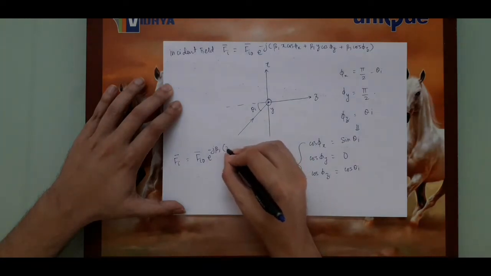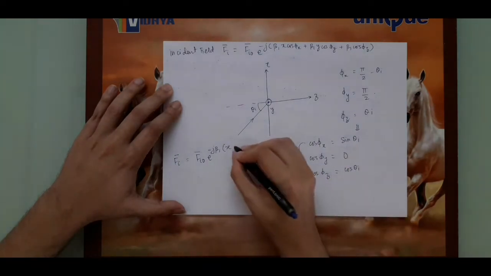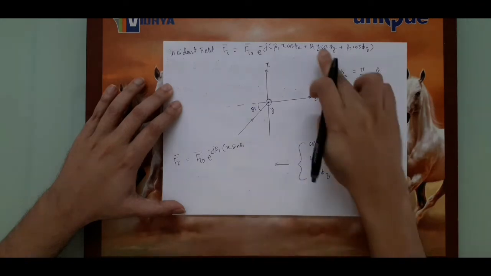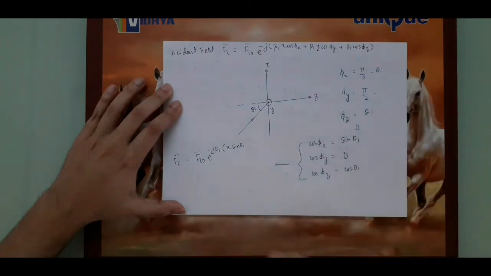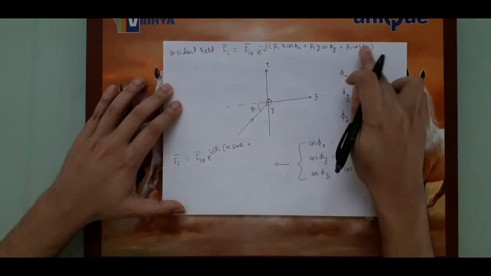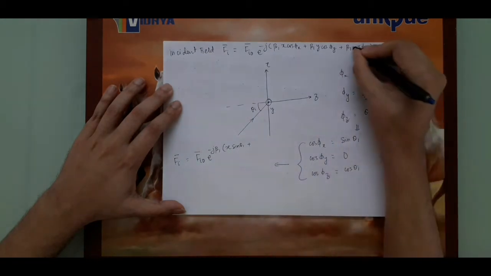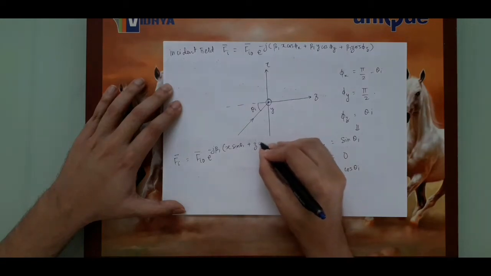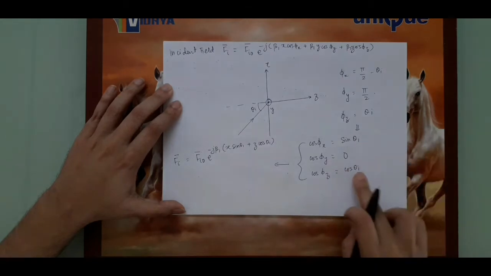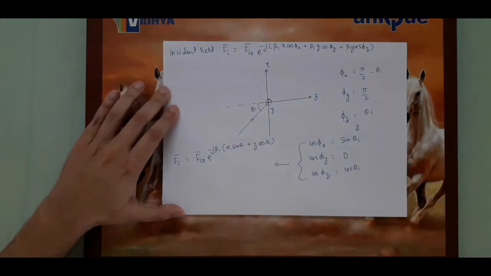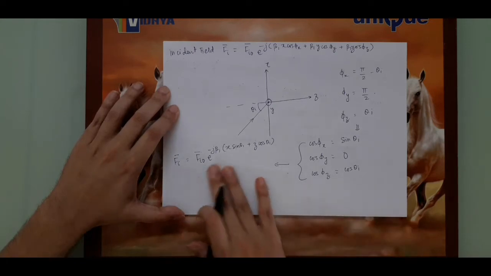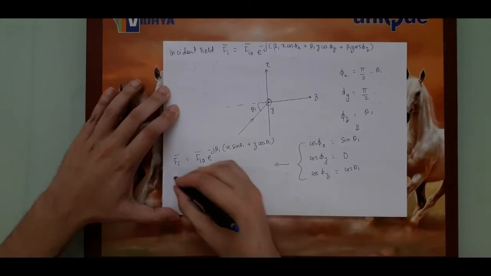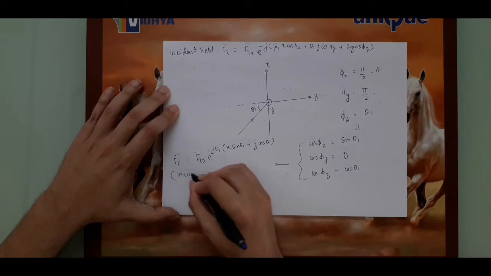So for the x-axis I will have x sin theta I. The y component will vanish because it is 0. The z component will be z cos theta I because of this. Well, this is what the incident wave, or let's say the incident field, looks like.